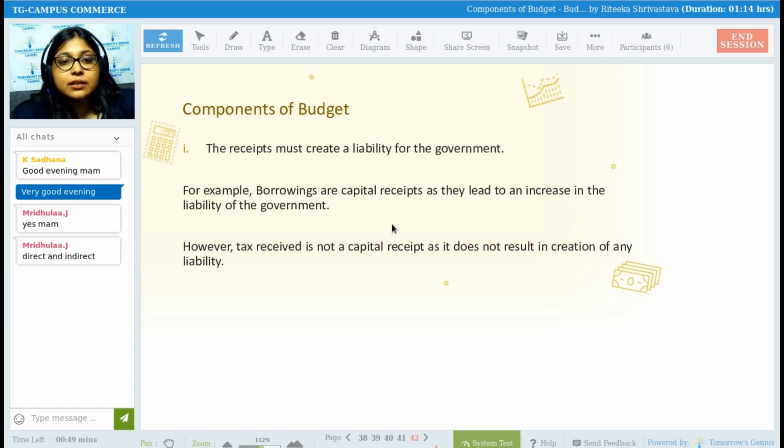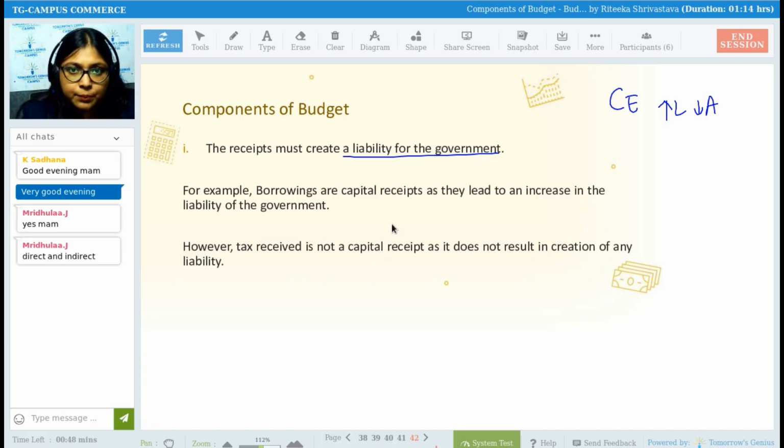First condition: the receipt must create a liability for the government. Any receipt which creates a liability for the government will come under capital receipt. That is why we say CE.